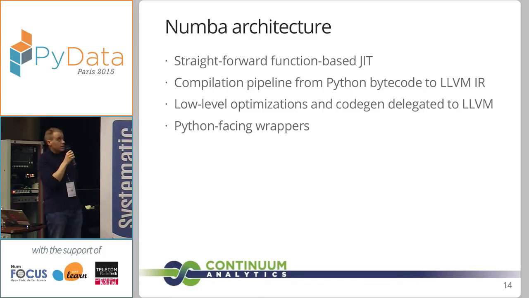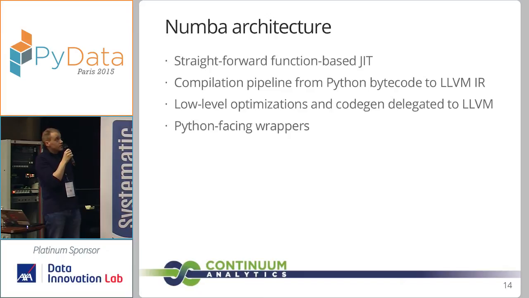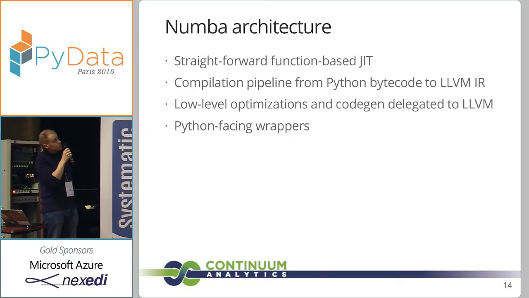The compilation pipeline starts from Python bytecode and goes to LLVM IR. LLVM IR, intermediate representation, is the information we give LLVM. It's a kind of high-level assembler, and we give that to LLVM, and LLVM compiles it to native code. So we really concentrate on the pipeline from Python bytecode to LLVM IR.